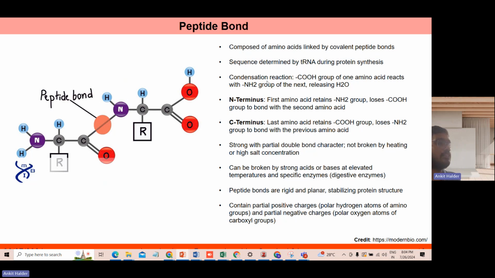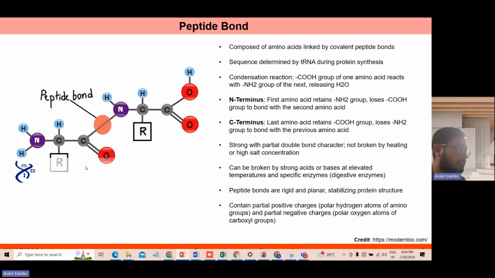So it is a condensation reaction. The COOH group of one amino acid reacts with the NH2 group of the next, and it releases H2O. So here one water molecule is released. That's why the term is condensation reaction. So the peptide bond is formed by a condensation reaction where the COOH group of one reacts with the NH2 group.